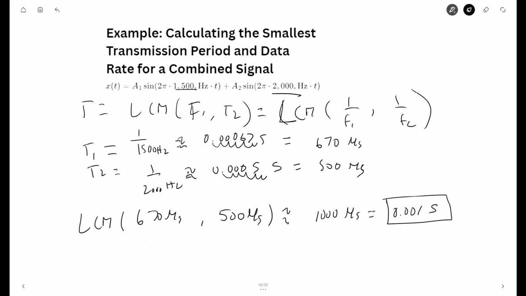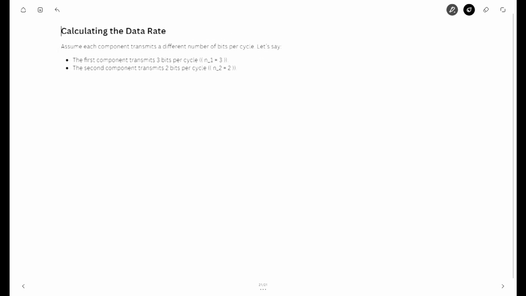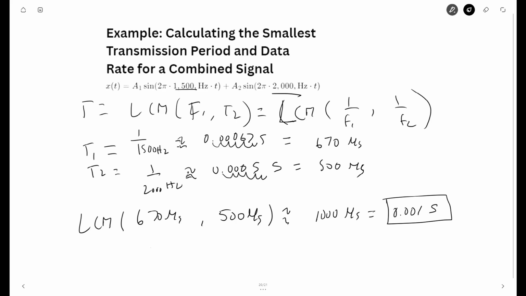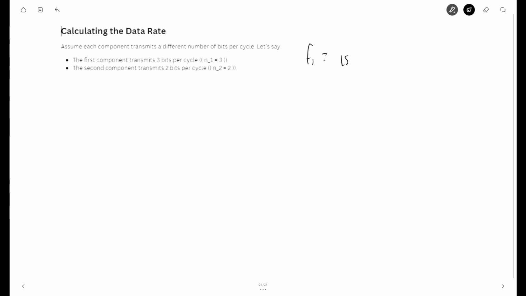Now we're going to calculate the data rate for this combined signal. So F1 is 1500 and F2 is 2000. Remember, F1 is equal to 1500 hertz, and F2 is equal to 2000 hertz.